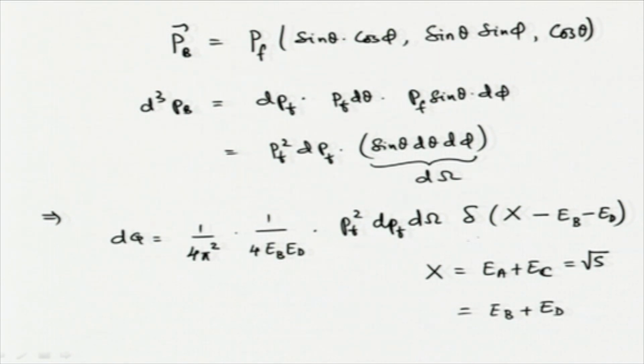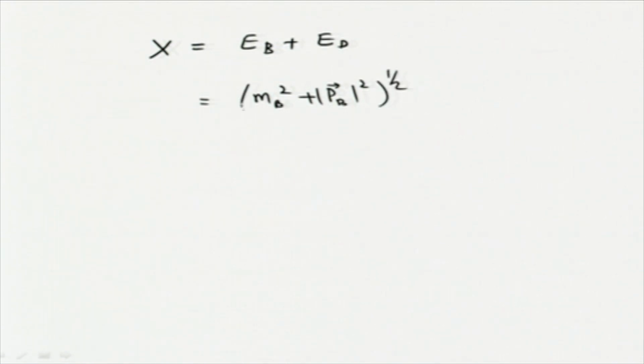Let me do a little bit of manipulation here. I write x equal to E_B plus E_D. E_B is square root of m_b square plus |p_b| square, plus similarly square root of m_d square plus p_d square.